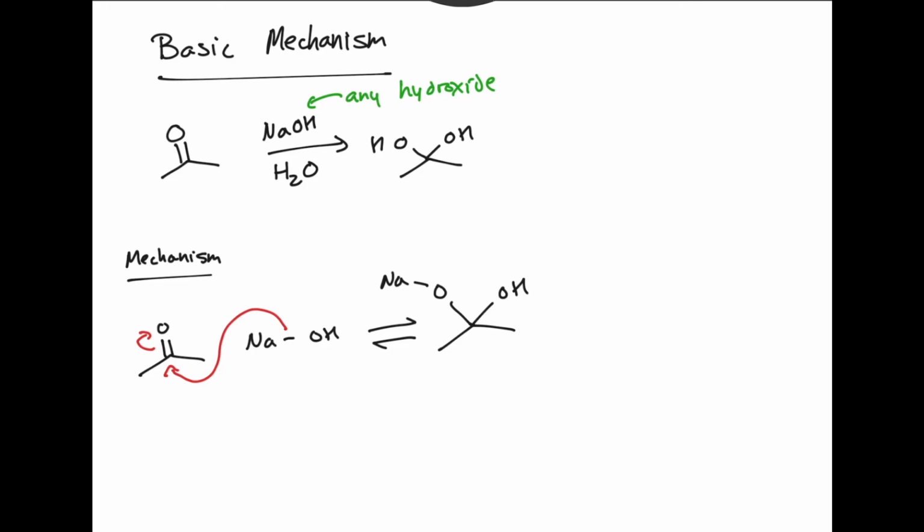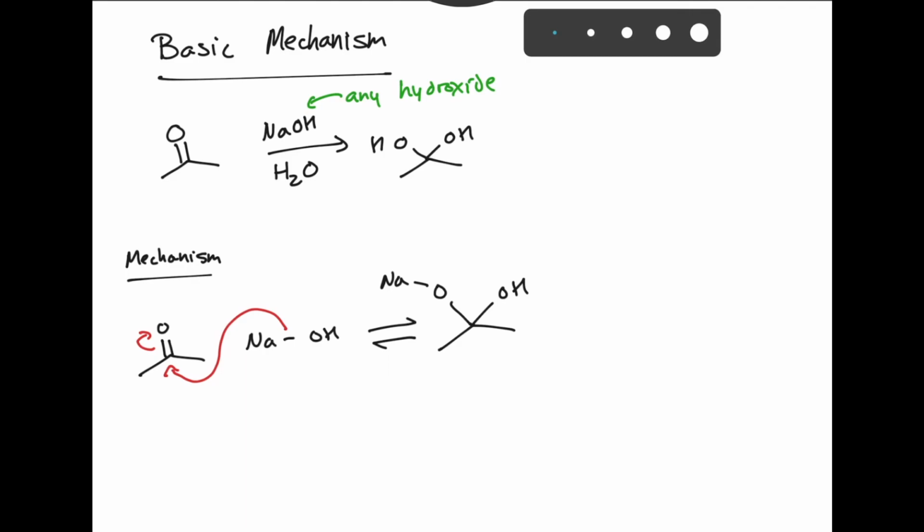We add the nucleophile and we get our O minus, and it can never go back. When we add hydroxide here, this compound could collapse back to the ketone and spit the hydroxide back out. So all of these steps are in equilibrium. They can go forward or they can go backward.